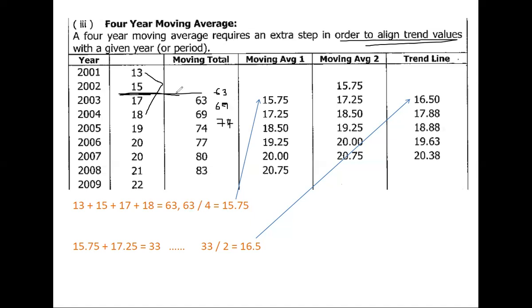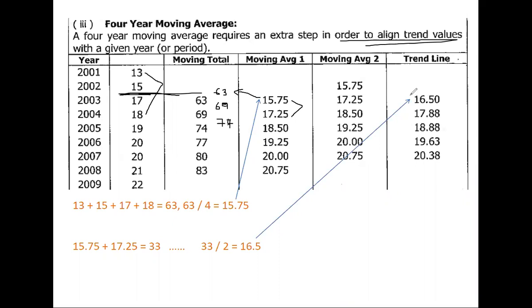So we need to align it with a year, right? So what you do is, first, this is the total. So first you find the average. Once you find the averages, that will be 15.75. Don't forget it's in line with this one, which is in the middle. It's not aligned to any year, okay? So when you are done, you have to come back and then find the average of the two, okay?